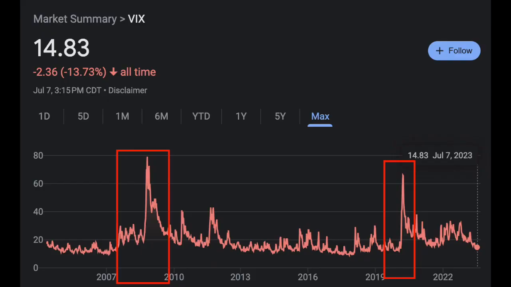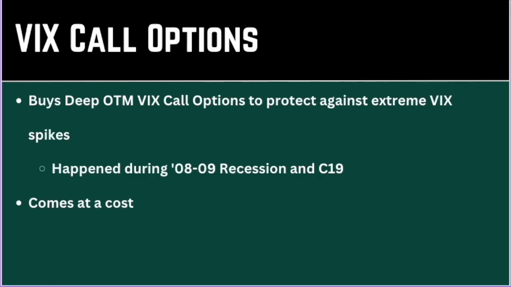So if you're going to be holding on to SVOL for a long time, you're probably likely to see one of these spikes. Just keep that in mind, as it wouldn't be good news for the fund. Also, buying this protection comes at a cost. That's going to be less money returned for you because they're spending it on buying that protection. But it might help you sleep a little bit better at night.